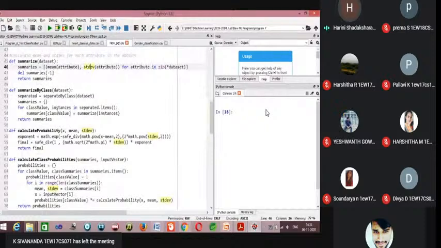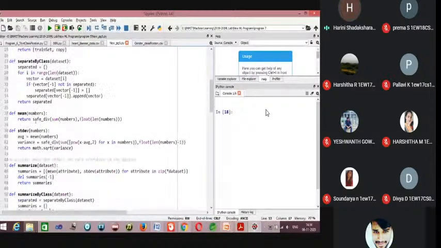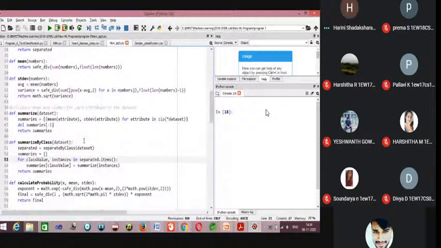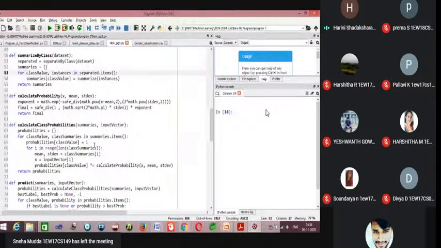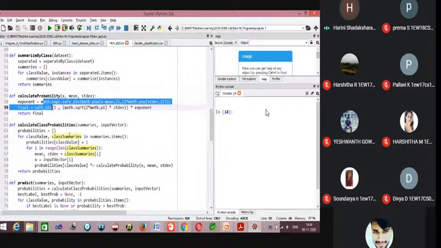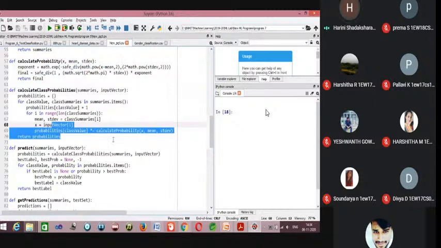Then summarize by class calls these functions, separate by class and such, and is called from the main part. Then these two are for probability calculation, the Gaussian function and the rest of the calculations.